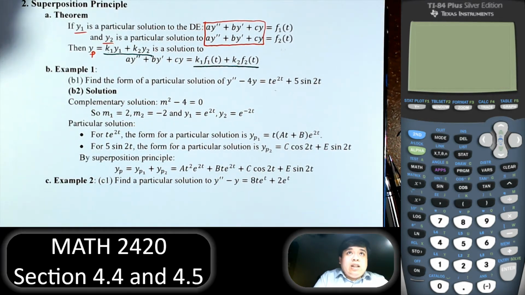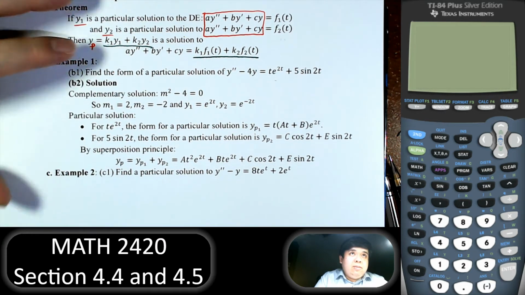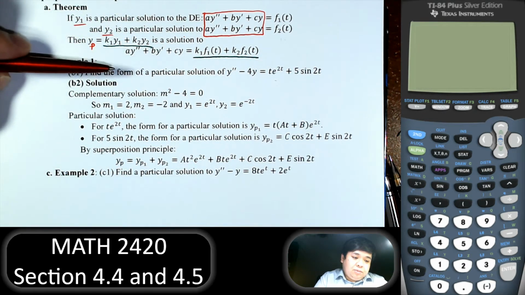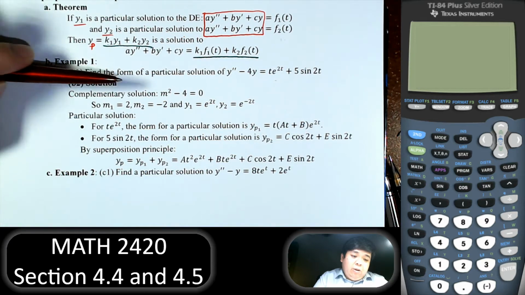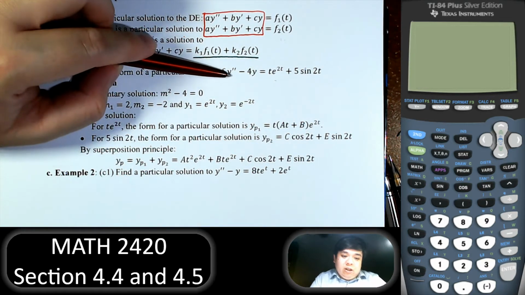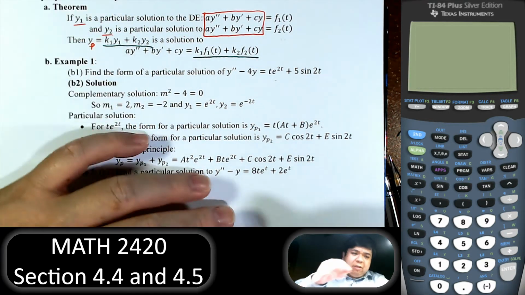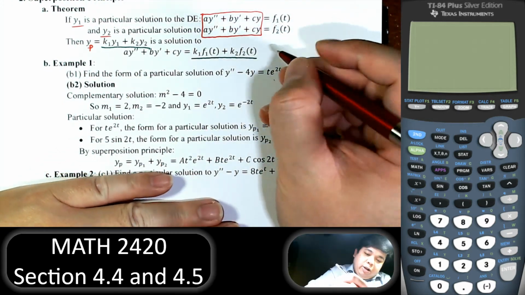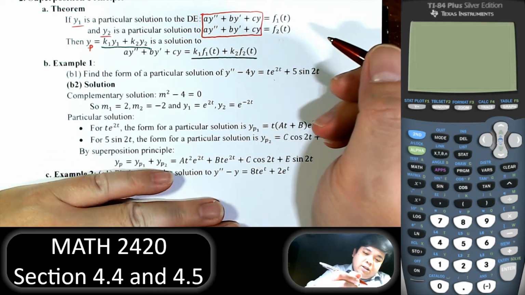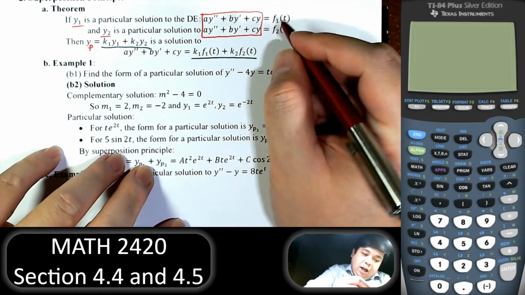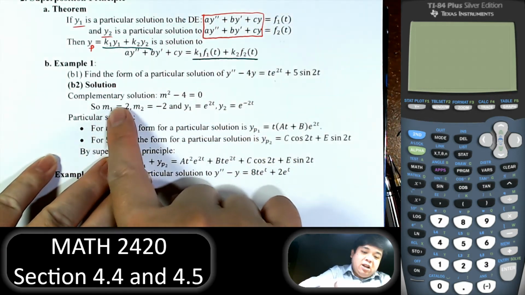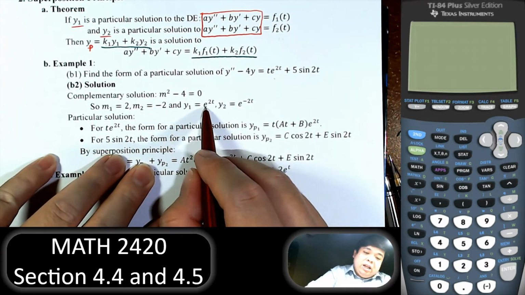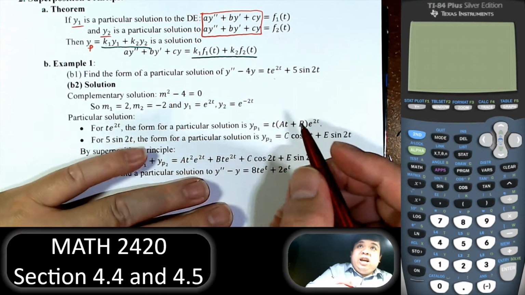Right. An example of this is, find the form for the particular solution of this one. So in this we have two forms. First, of course, we always have to solve for the left hand side, and we have y1 e to the 2t, y2 e to the negative 2t.